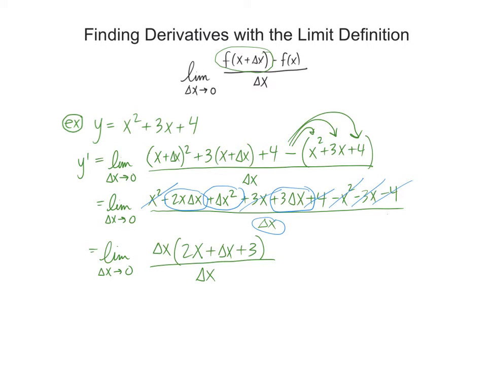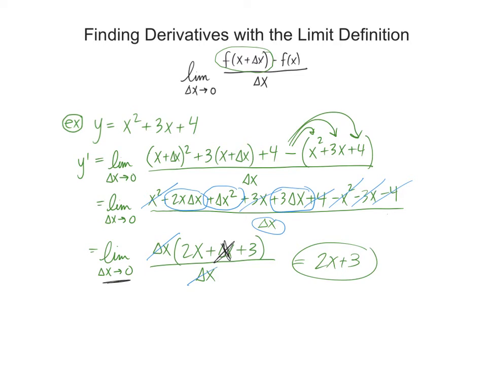The reason I couldn't just take the limit in the first place was this delta x on the bottom. I've solved that problem because now there is a delta x on the top to cancel, and I'm left with just taking the limit of what's left over. Well, when you take the limit of what's left over, you just make any delta x's go to 0. So this delta x goes to 0, it disappears, and my answer is 2x plus 3.